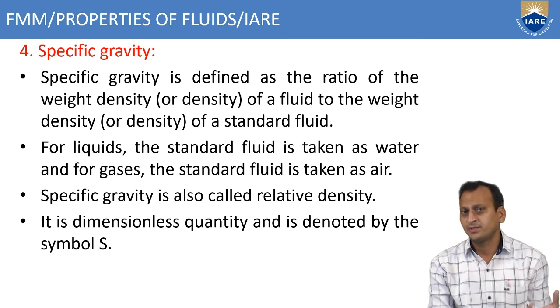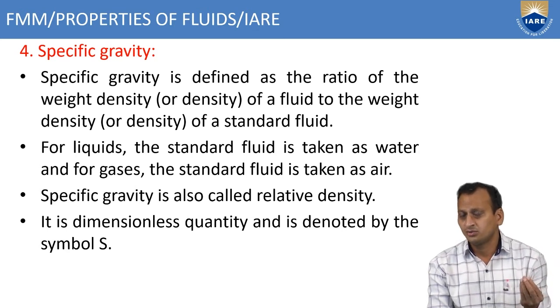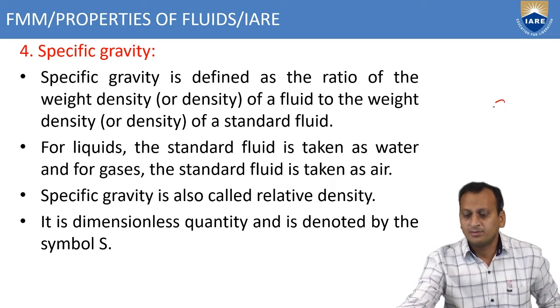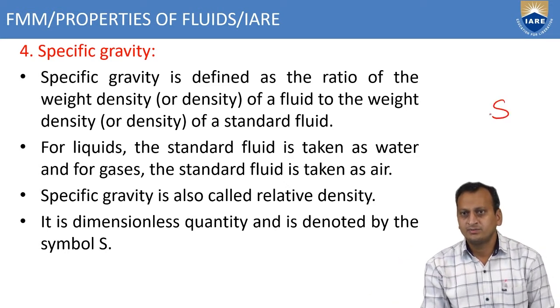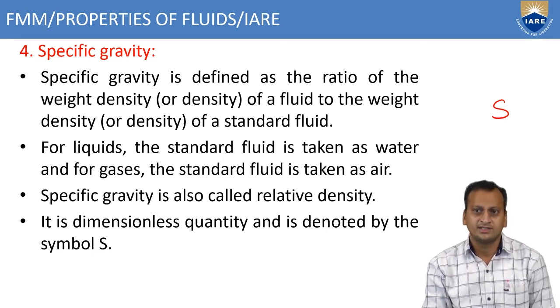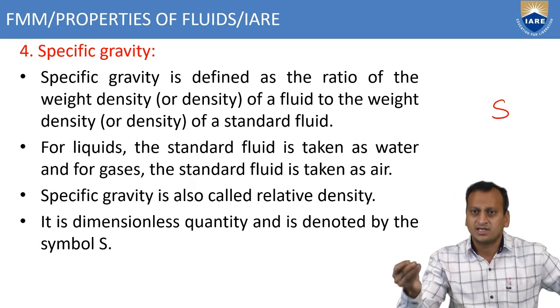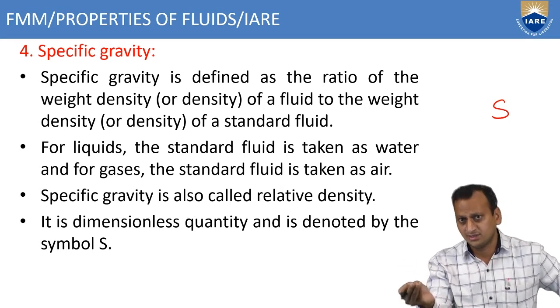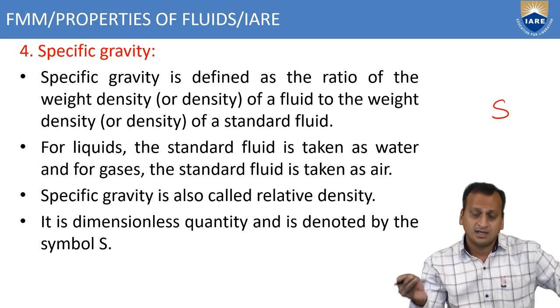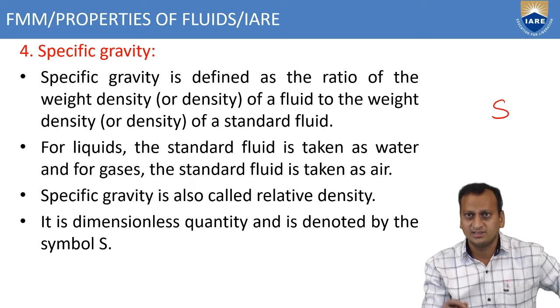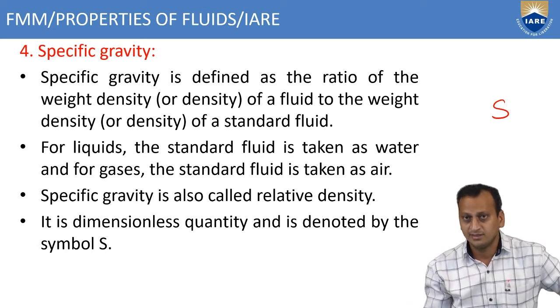It is generally denoted by capital S. It is a dimensionless quantity, since it is a ratio of densities. The density of the standard liquid has the same unit as the density of the other liquid, both densities have the same units. Therefore, it is a dimensionless parameter.